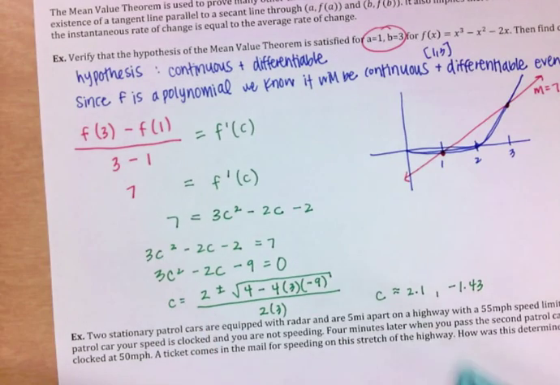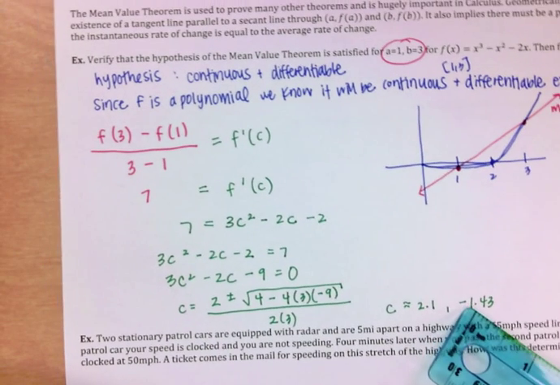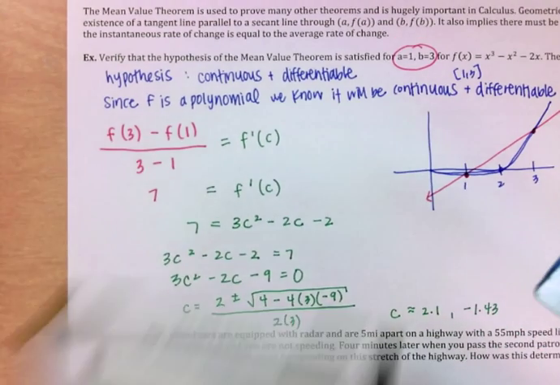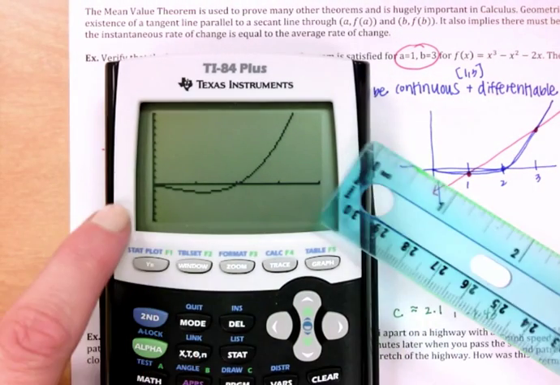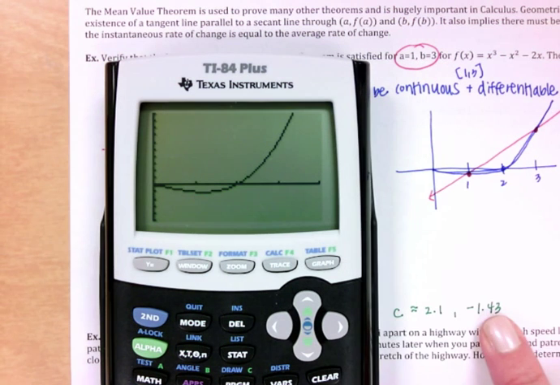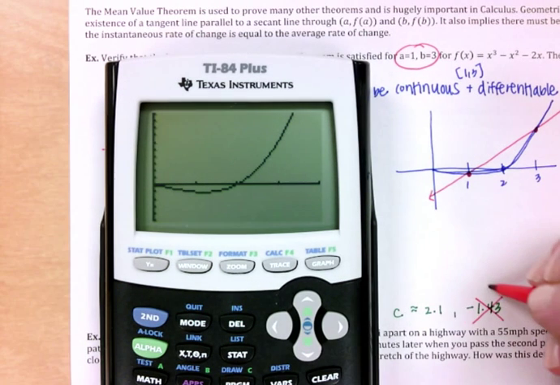Okay, and then my other one is at negative 1.43. Well, negative 1.43 is over here, and we didn't even look at that in our calculator because remember, in this problem, we're looking between 1 and 3. So this negative 1.43 we can not include because it is not in the interval we're looking at. So this guy here, that is not in the interval.